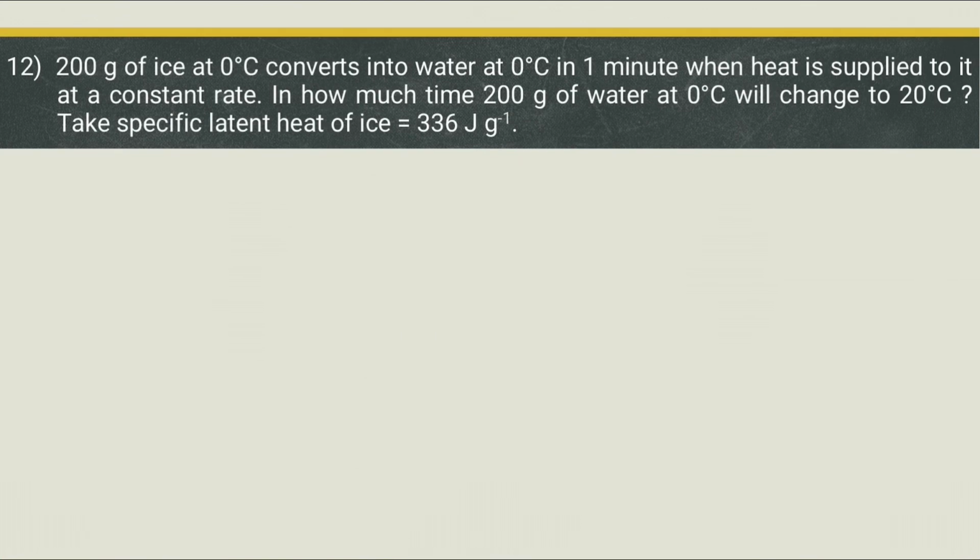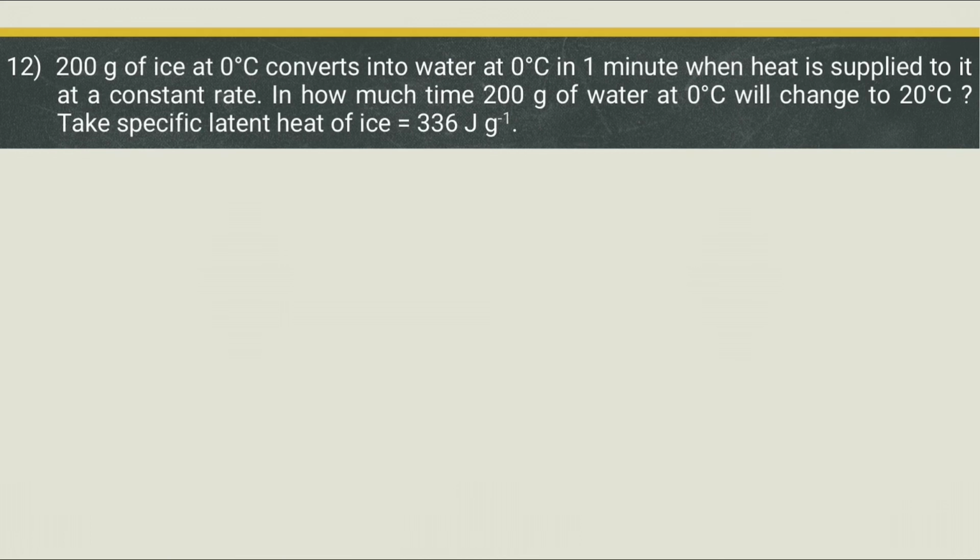And finally, we are on the last question of this exercise. 12th, 200 gram of ice at 0 degrees Celsius converts into water at 0 in 1 minute when heat is supplied to it at a constant rate. Now, when heat is supplied at a constant rate, meaning continuously per second, a certain fixed quantity of heat energy is supplied.